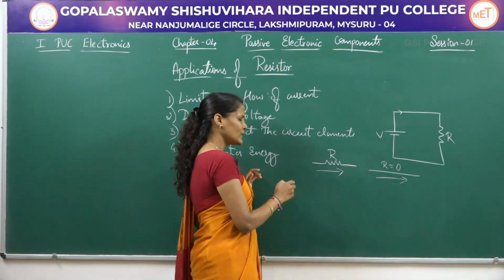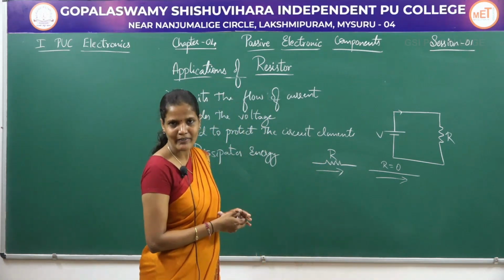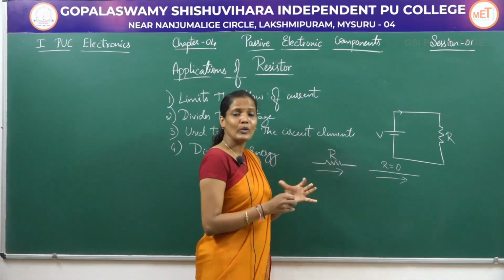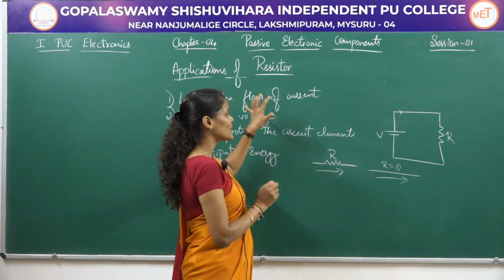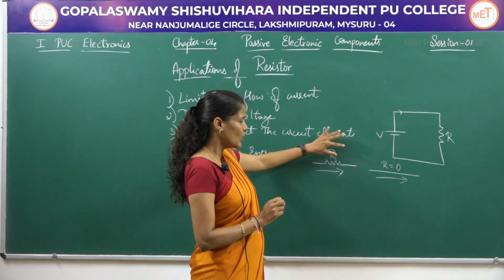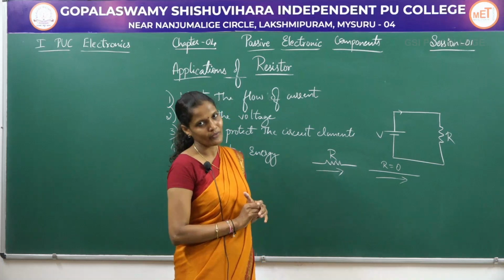But in the same circuit, if I am going to include a resistor which is having some specified value, then this resistor will try to oppose the flow of current. So it limits the flow of current, or it tries to oppose the flow of current.